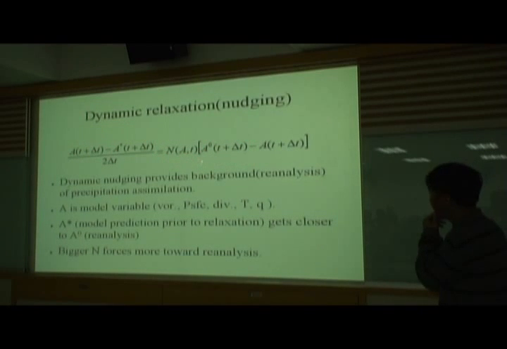So it depends on the nudging coefficient. When the nudging coefficient is getting bigger, our analysis gets closer to the reanalysis more strongly. So we have to be careful, because we want an improvement of circulation due to the precipitation analysis. So the nudging coefficient should not be too strong.